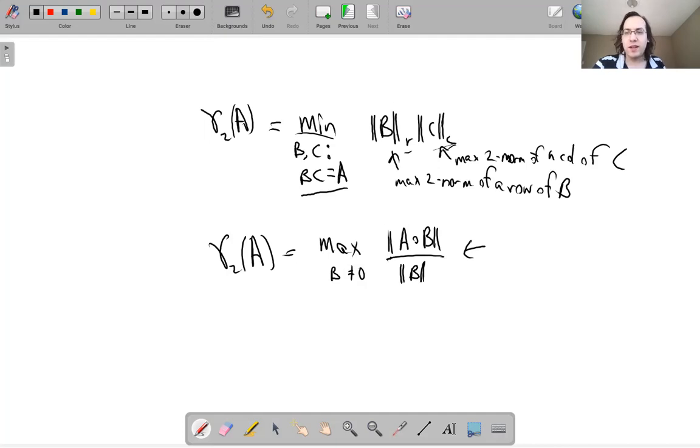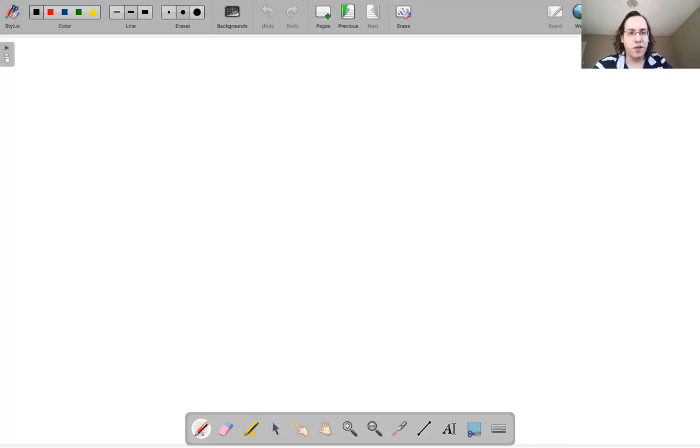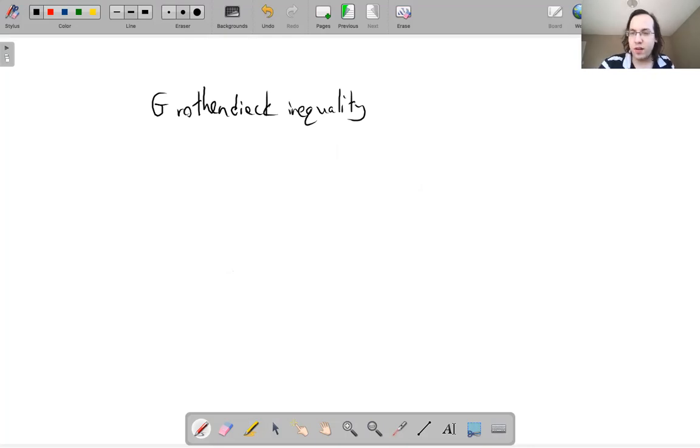Another very nice property of the gamma 2 norm is something called the Grothendieck inequality. Again, I'll refer to the notes for a formal version of this. The Grothendieck inequality relates the gamma 2 norm to this other norm that's sometimes called the nuclear norm.